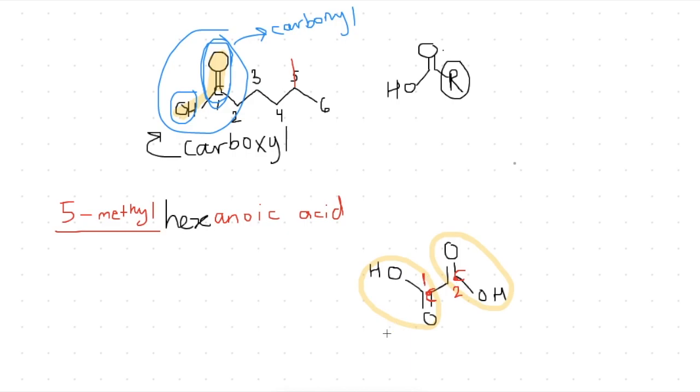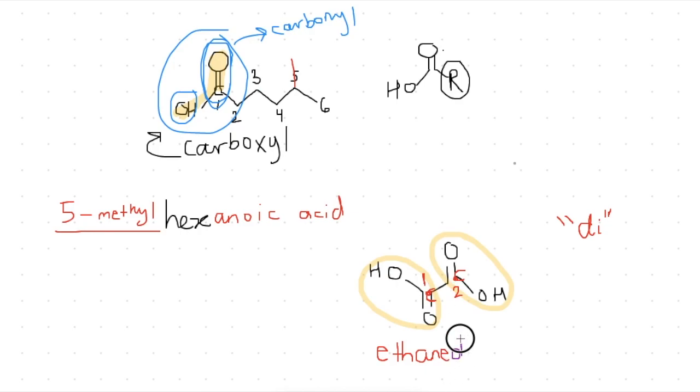The prefix for this is going to be eth, because we have 2 carbons. When we name 2 carboxylic acids in one shape, we need to use di. Recall that we also use di when we have 2 of the same substituents in a shape, such as dimethyl or diethyl. When naming a double carboxylic acid, we are going to name the main chain as an alkane. So if we just looked at these 2 carbons, it would be ethane.